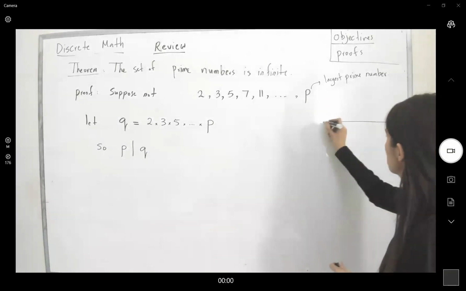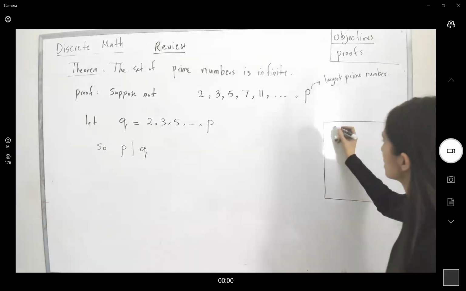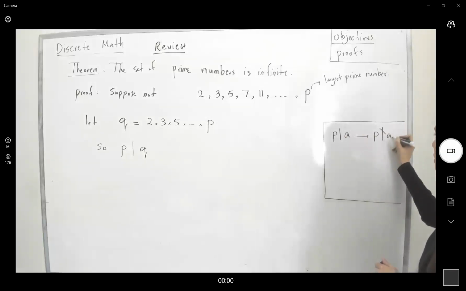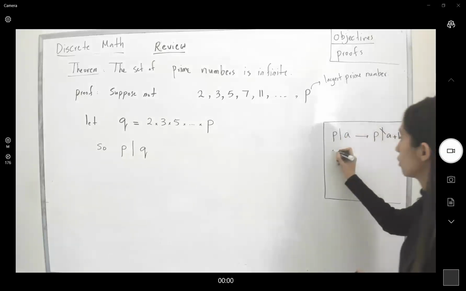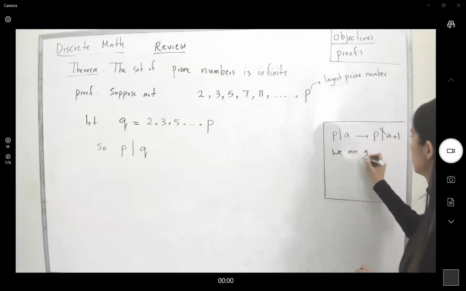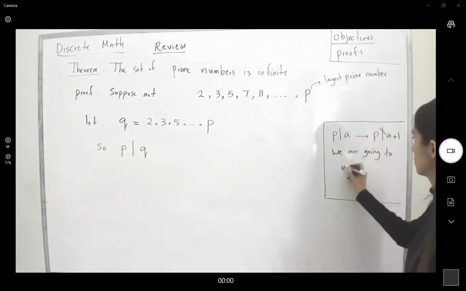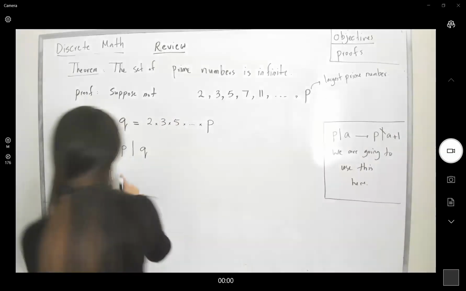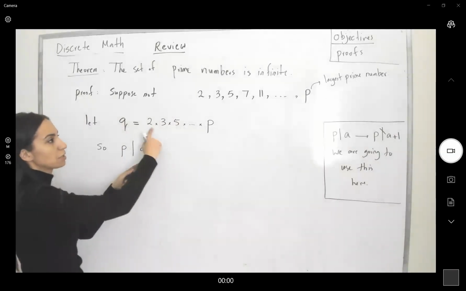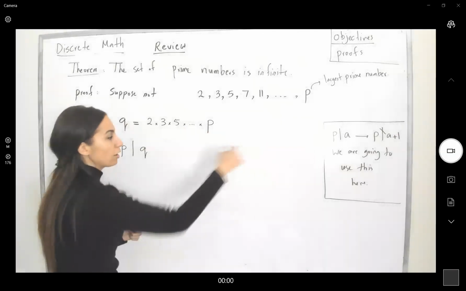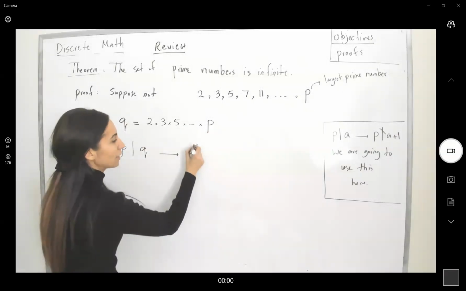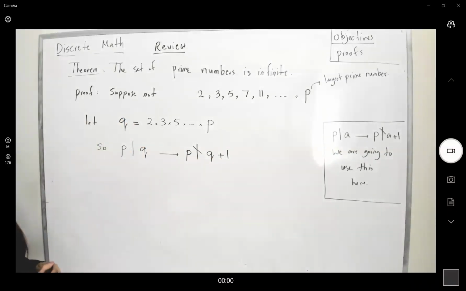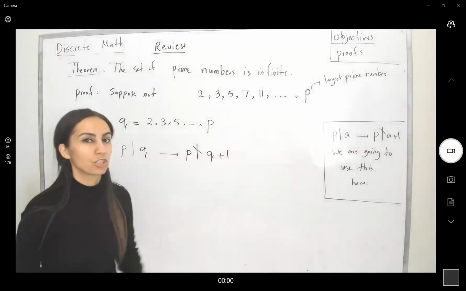In previous proposition, we say that if P divides N, then P doesn't divide A plus 1. We just proved this. We're going to use this. So P as a prime number divides this multiplication. We already proved that P cannot divide Q plus 1. Okay, P is not a factor of Q plus 1.